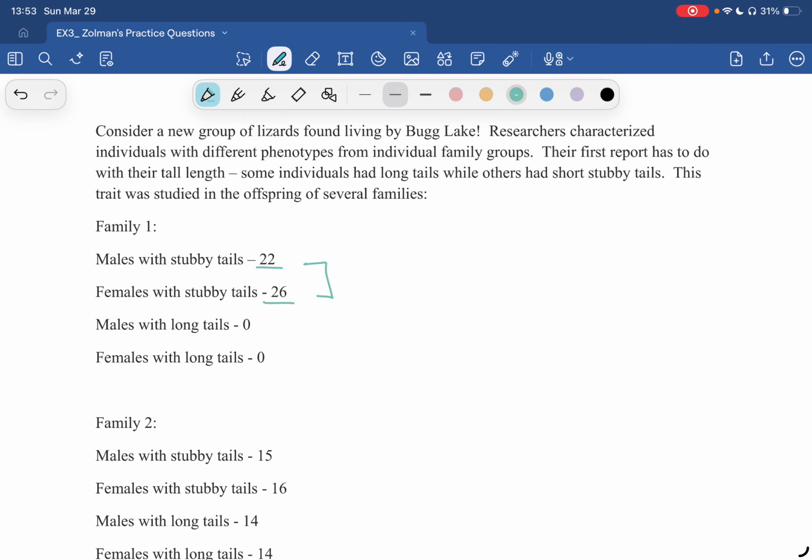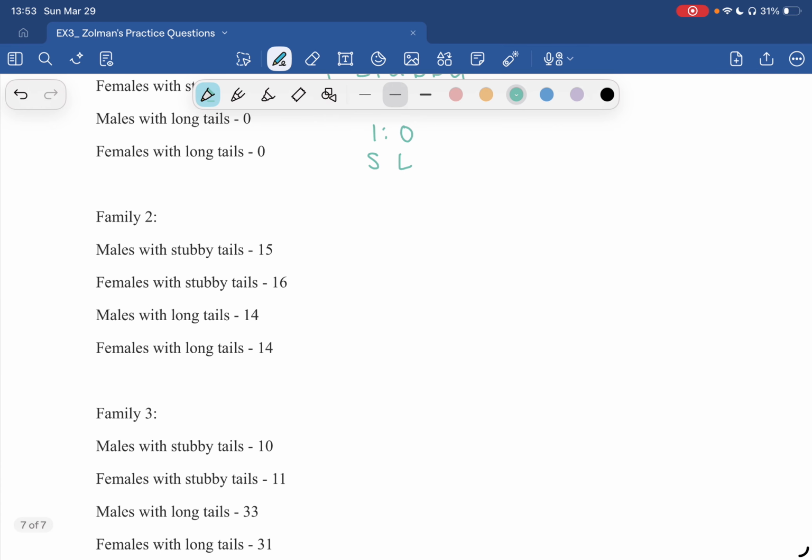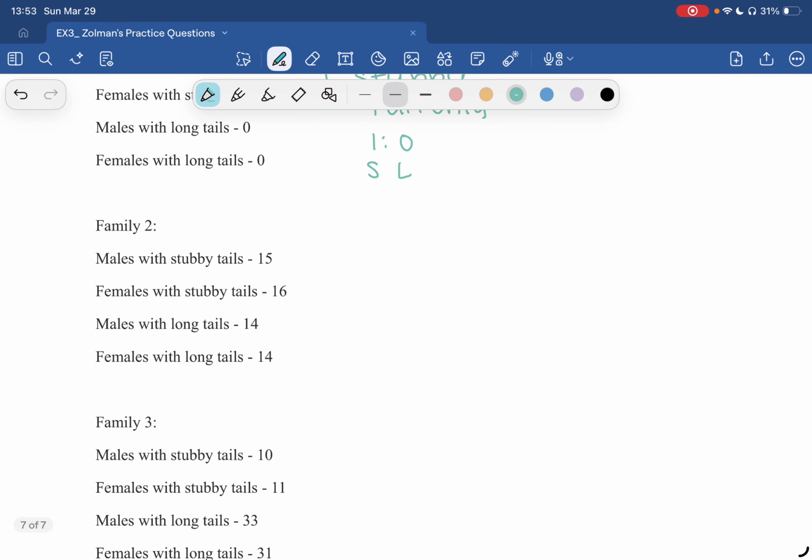I always make a note of what I see, so I'd say stubby tail only, or a 1-to-0 ratio of stubby to long. Then in family 2, it looks like you have a pretty even split, or a 1-to-1 ratio of stubby to long.